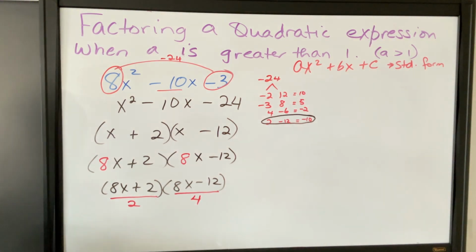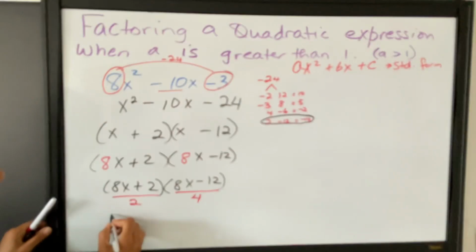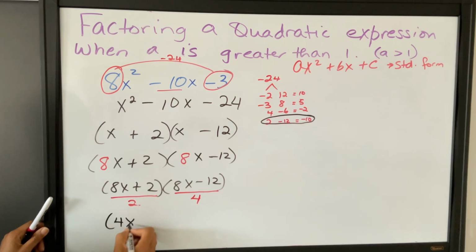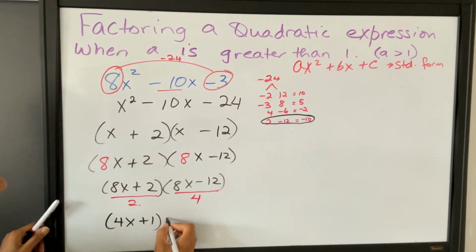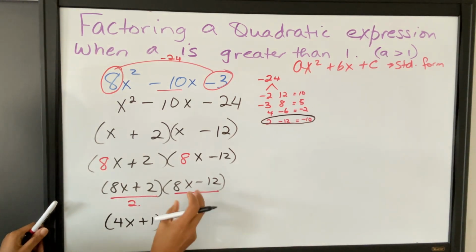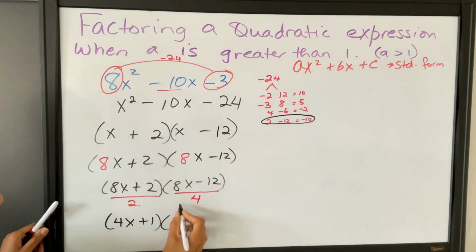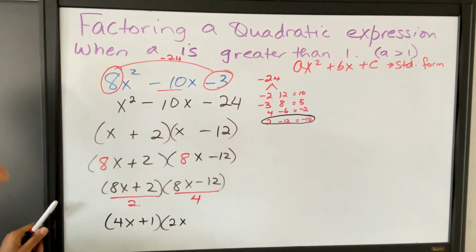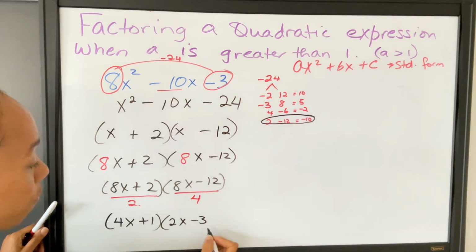Now when I divide that by 4, I will end up with 2 into 8 is a 4x plus 1 right here, and the other binomial will give me 2x, and -12 divided by 4 is going to be negative 3.